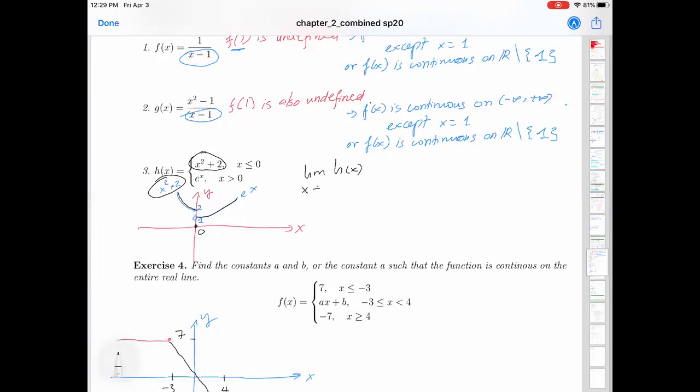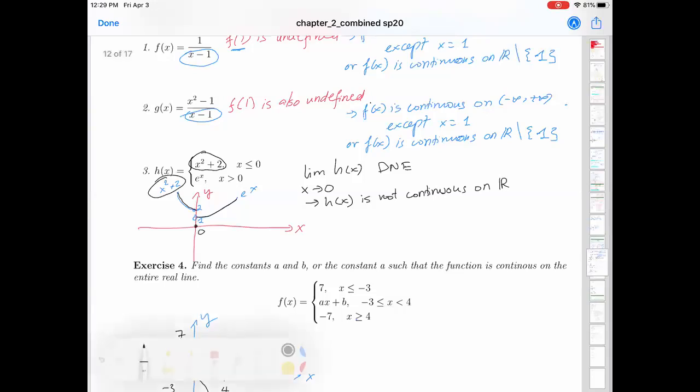When x goes to 0, the limit of this function doesn't exist. That means the function h of x is not continuous at x equals 0.